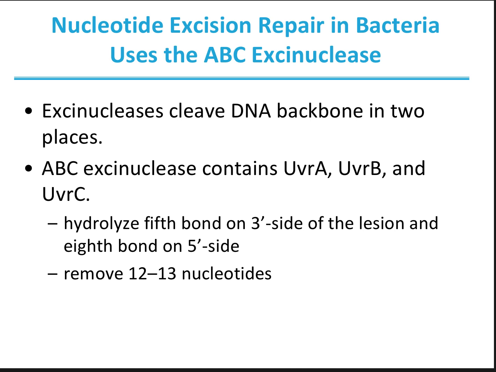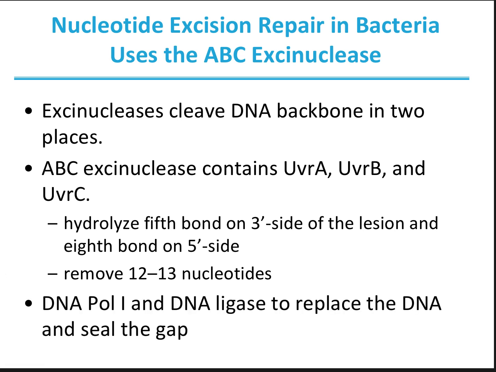This complex hydrolyzes the 5th bond on the 3' side of the lesion and the 8th bond on the 5' side of the lesion. Typically, this enzyme complex will remove 12 to 13 nucleotides, depending on whether a single or more than one mutation is present. And again, as we've seen multiple times, DNA polymerase I and DNA ligase then come in to replace the DNA and seal that gap.